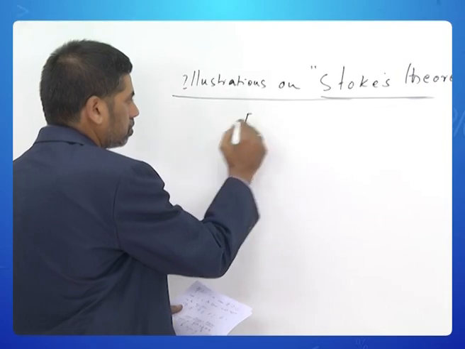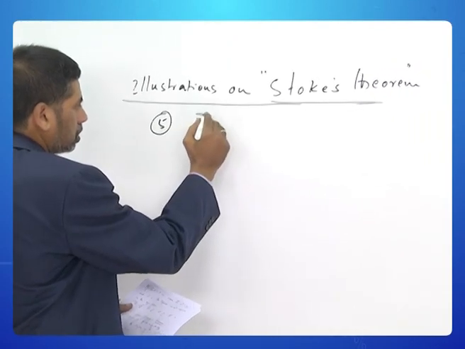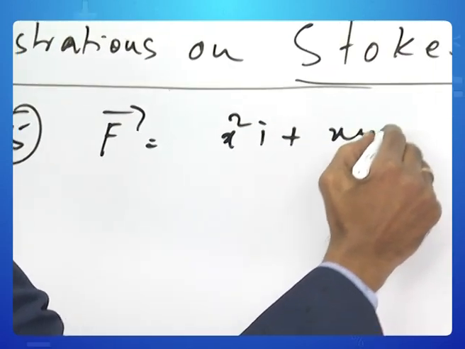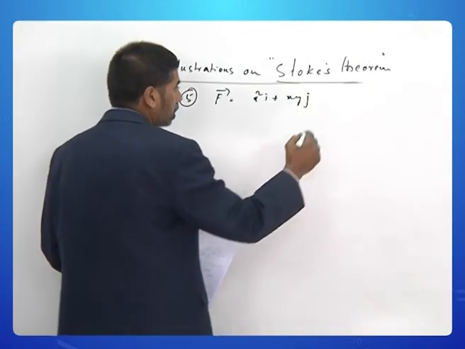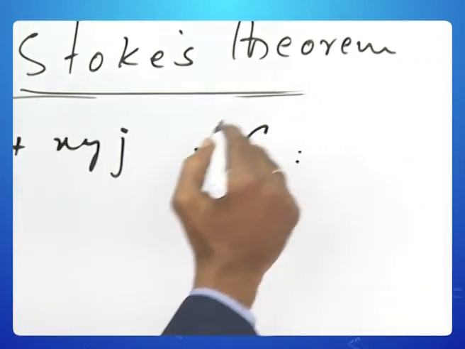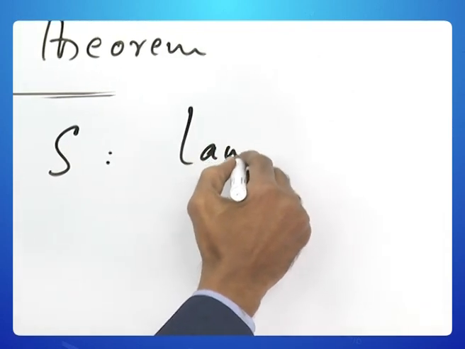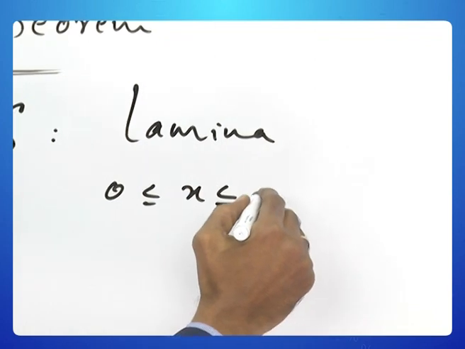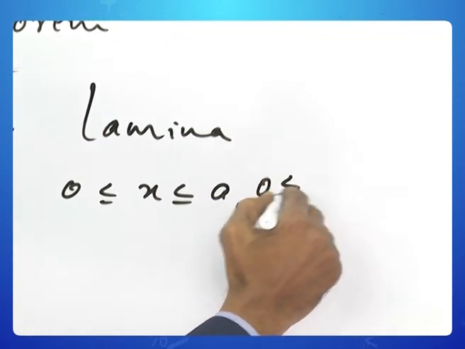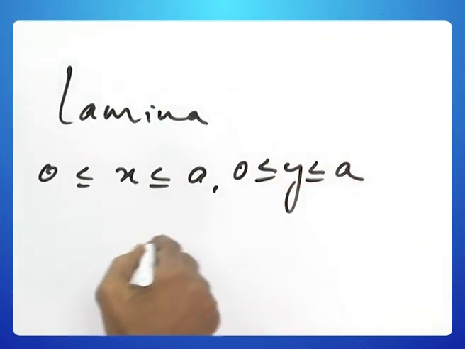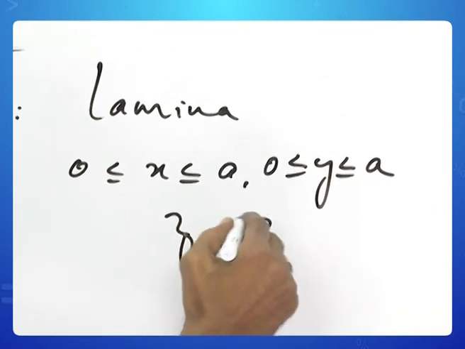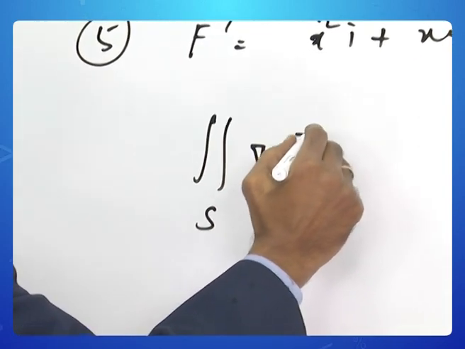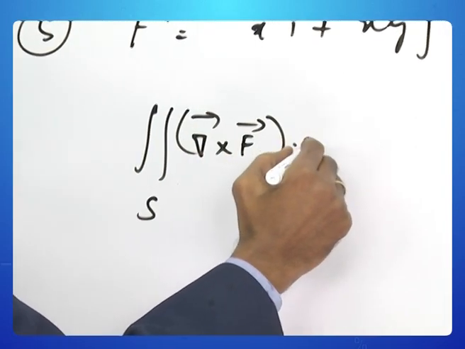So here the field is x square i plus xy j, and S is the lamina 0 less than or equal to x less than or equal to a, 0 less than or equal to y less than or equal to a in the xy plane. So now the question is to find del cross f dot n cap ds.